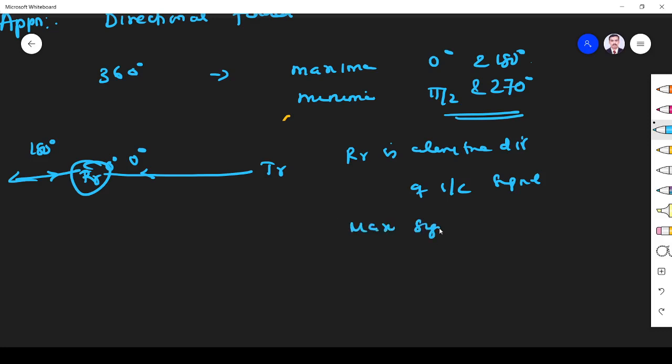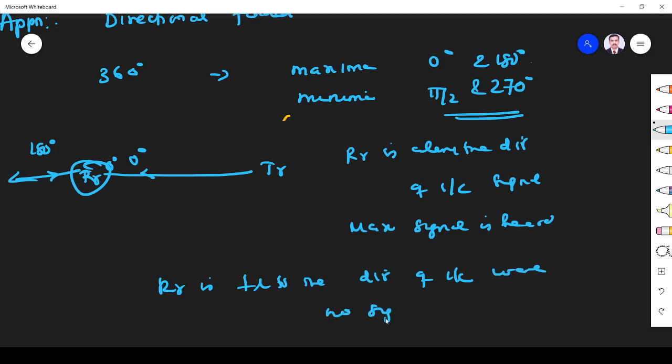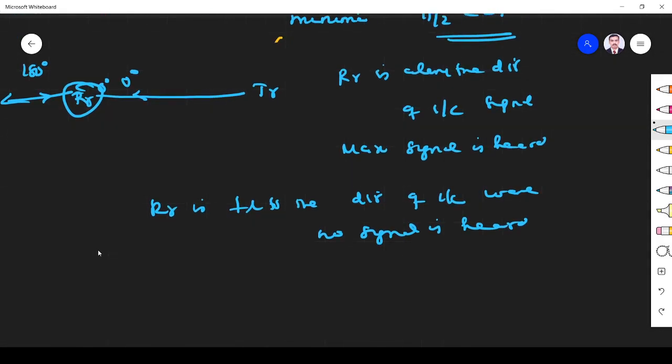Maximum signal is heard. When the receiver is perpendicular to the direction of the incoming wave, no signal is heard. In this way, loop antenna is used as a directional finder.